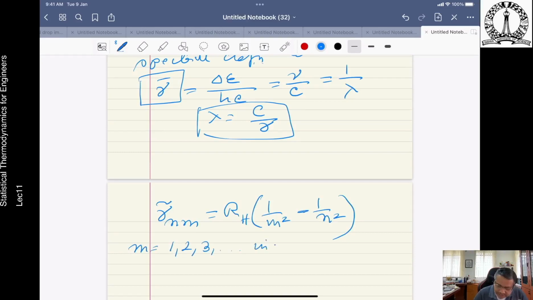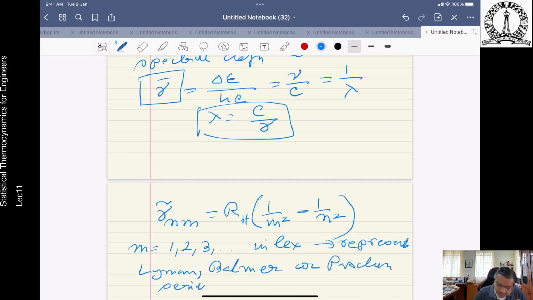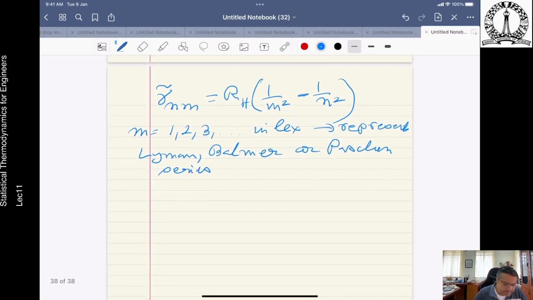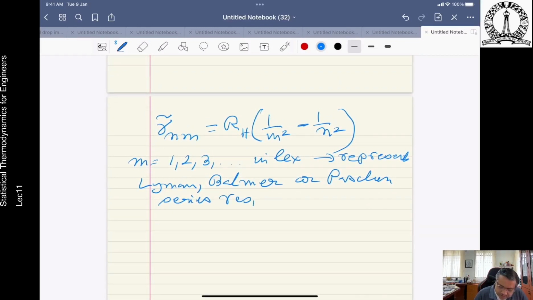This is an index which represents the Lyman, Balmer, or Paschen series, respectively. n, on the other hand, is basically m plus 1, m plus 2, m plus 3, and so on and so forth.